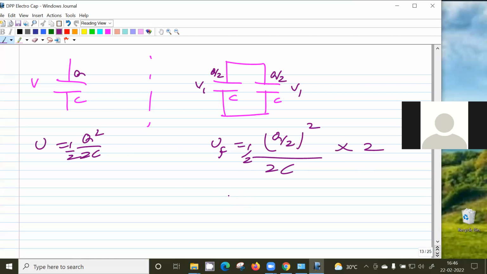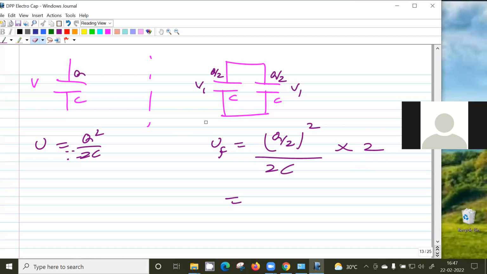Why have we included half there? No half is included; the half is already there in the 2C. Okay, now you got the answer. This 2 is there because there are two capacitors.